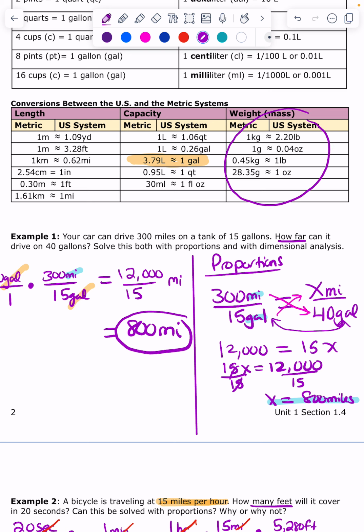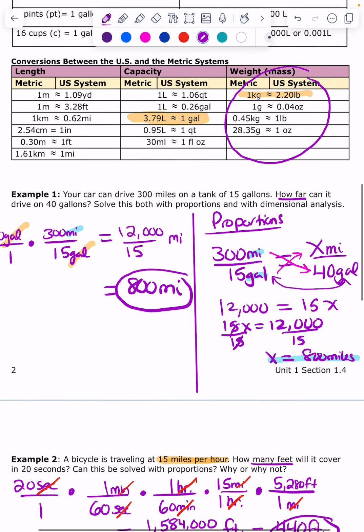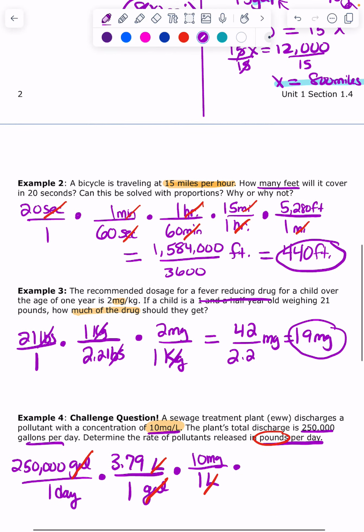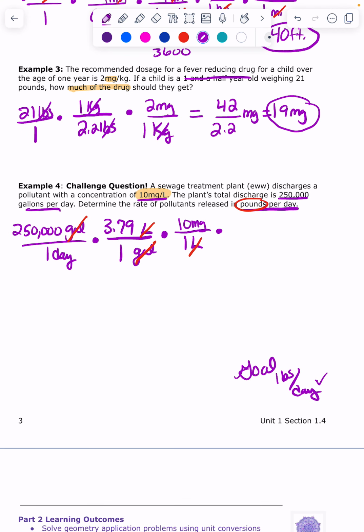We don't have any milligrams to pounds, but we do have kilograms to pounds. So if I convert the milligrams into kilograms, then I can use that 1 kilogram is 2.2 pounds. You might have to watch this more than once to get it.